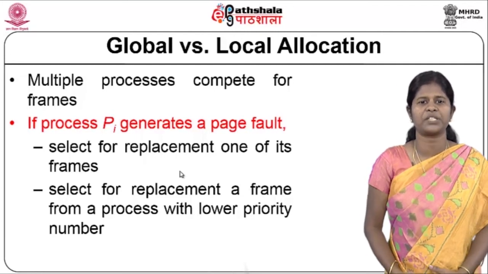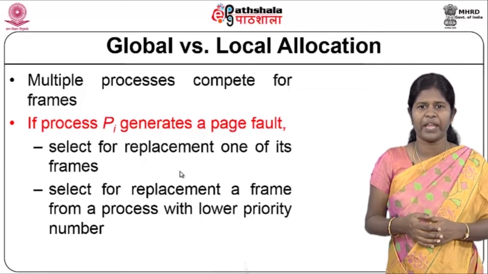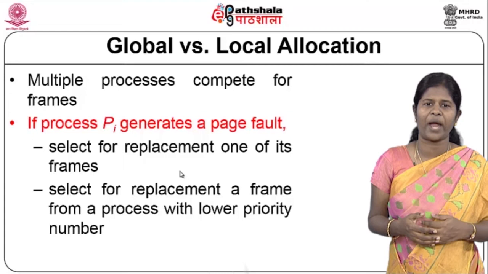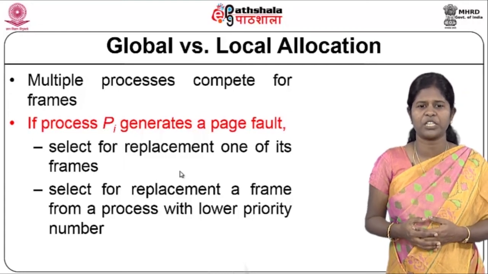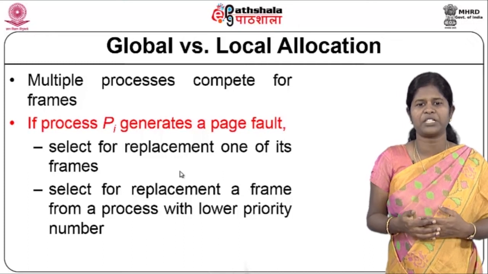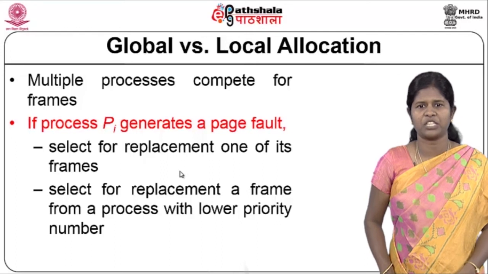So, there are two options here. Whenever there is a page fault, you can select a frame, one among the frames that is allocated to this particular process for replacement, or you can select for replacement a frame from a process with a lower priority than this particular process.